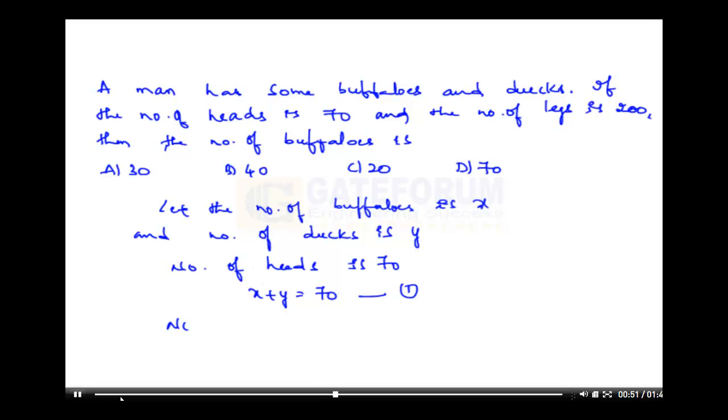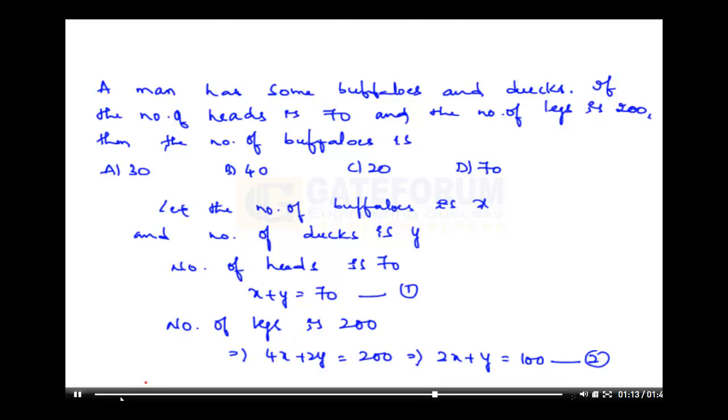Also given the number of legs is 200. A buffalo has 4 legs and a duck has only 2. So we can write 4x plus 2y is equal to 200. This implies 2x plus y is equal to 100. This is equation number 2.